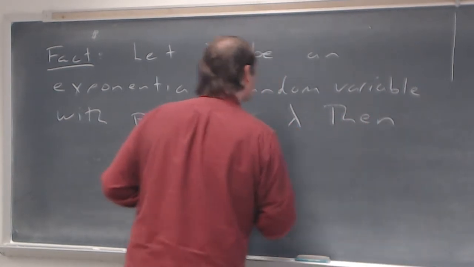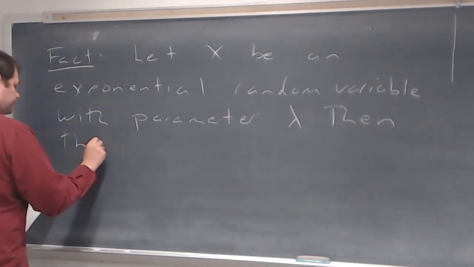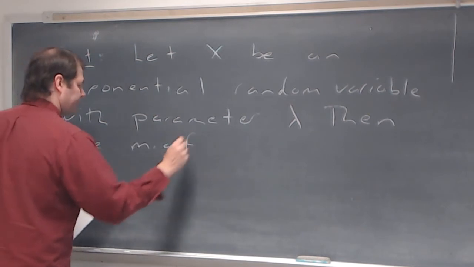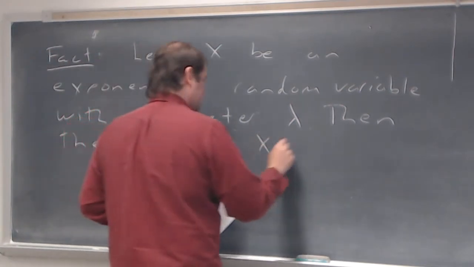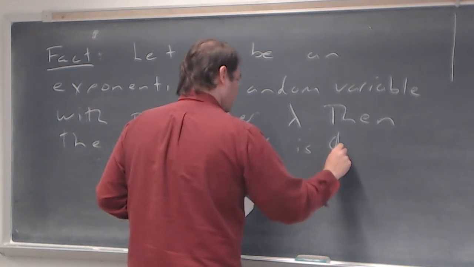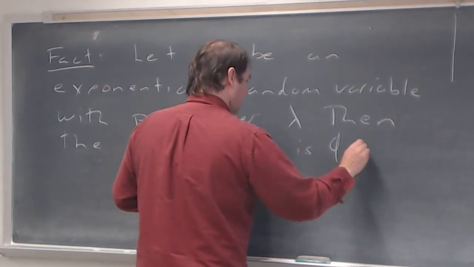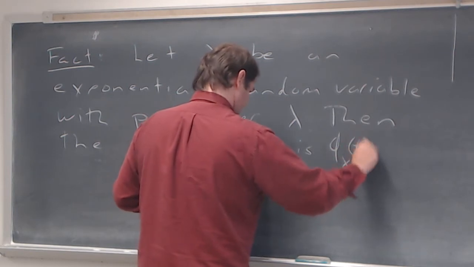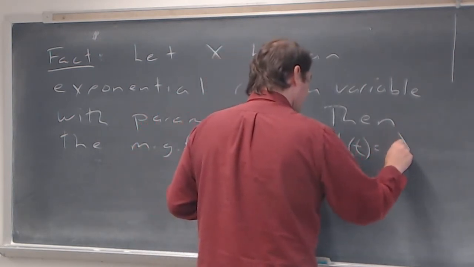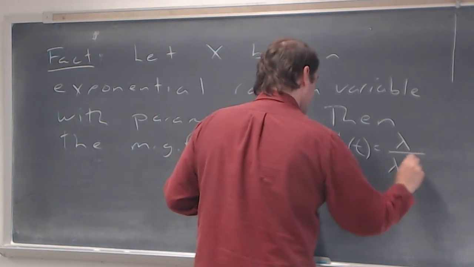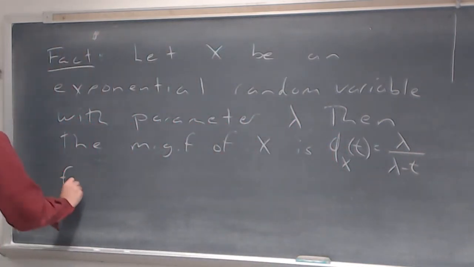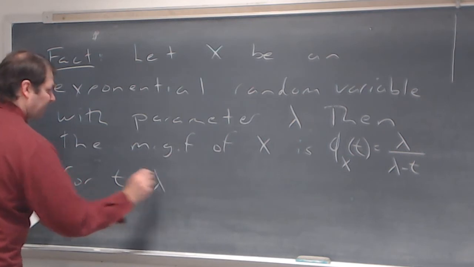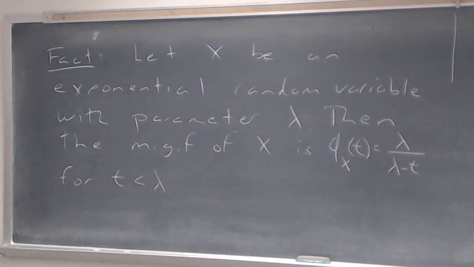Then the moment generating function, MGF, of X is phi sub X of t equal to lambda over lambda minus t for t being less than lambda. Okay? So that's what it's defined for. All right? And we want to prove this fact.